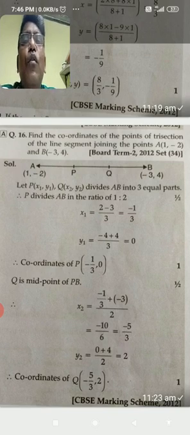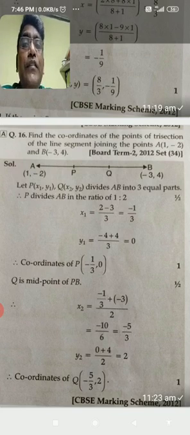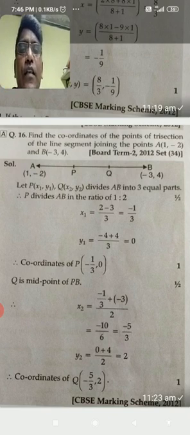I mean no need to use the section formula, because of P, Q, R, A, B. First you can write P, Q, R. Q is the midpoint of AB, so easy to find. P is the midpoint of AQ, like that R is the midpoint of another 2 points. So directly by using the midpoints we can find that one. That is also very important here.